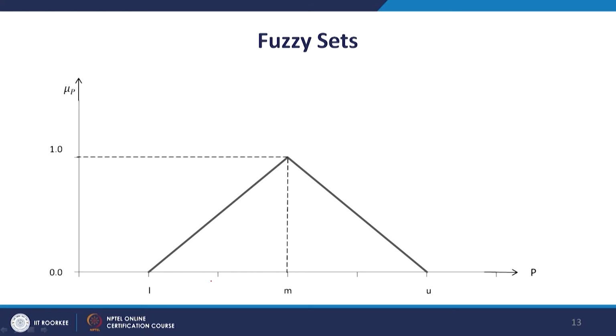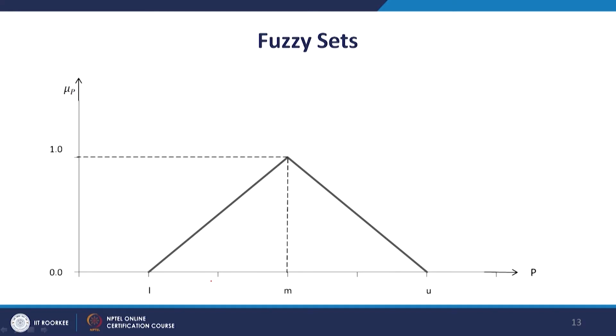Mu p is the membership function value along the y axis, and as we have talked about, it takes values between 0 and 1. These numbers have 3 values L, M, U, where L is always less than M, and M is less than U.